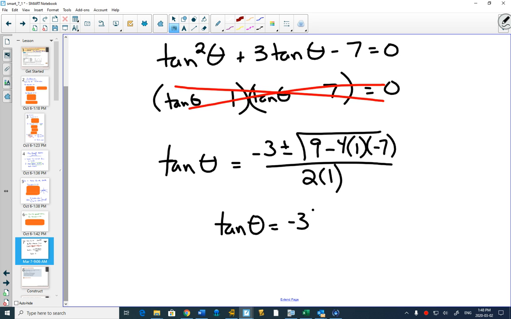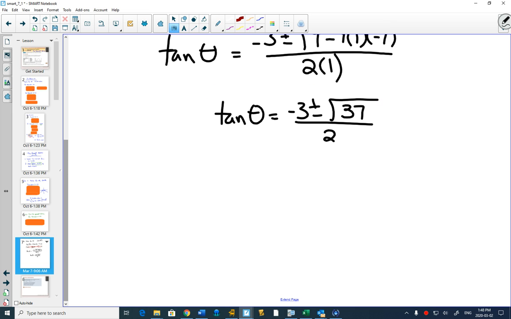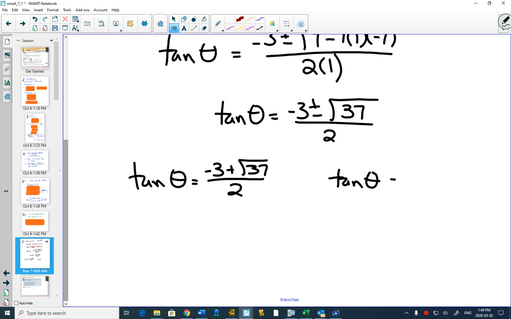And so we simplify this: negative 3 plus or minus the square root of 28 plus 9, 37, over 2, which leaves us with two answers: tan theta equals negative 3 plus the square root of 37 over 2, or tan theta is equal to negative 3 minus the square root of 37 over 2.